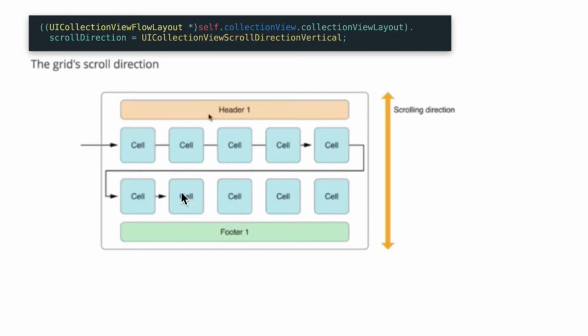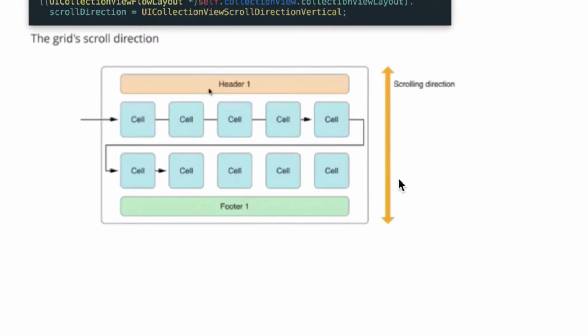Basically in the flow layout, how this wraps depends on the scroll direction, right? I have some sort of fixed width, and when these cells reach the end, they're going to wrap to the next line. That's how that works. This is a vertical scroll direction.